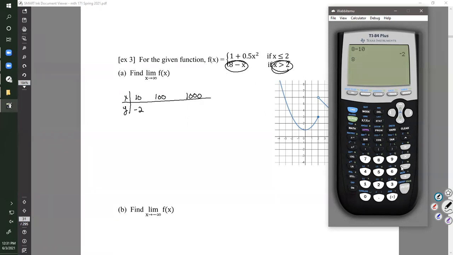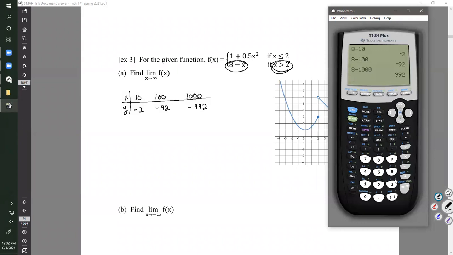So I have 8 minus 100. I get negative 92. For 1,000, again, 1,000 is bigger than 2, so we're going to plug it into that bottom equation, and we have 8 minus 1,000. And I get negative 992.